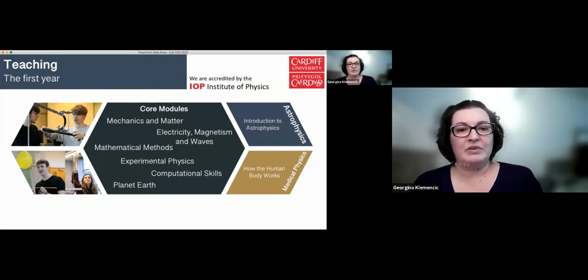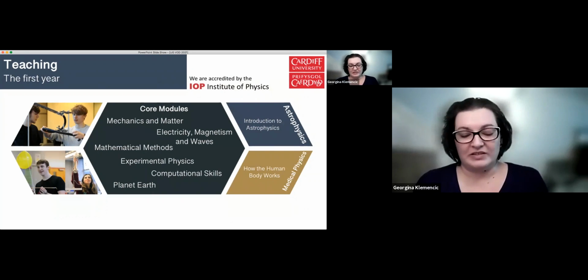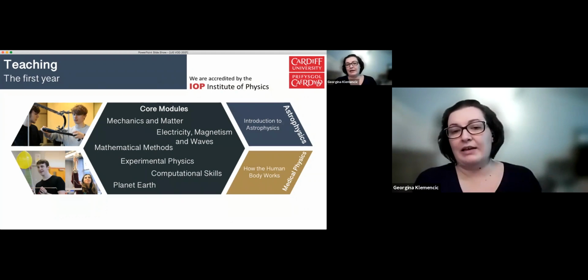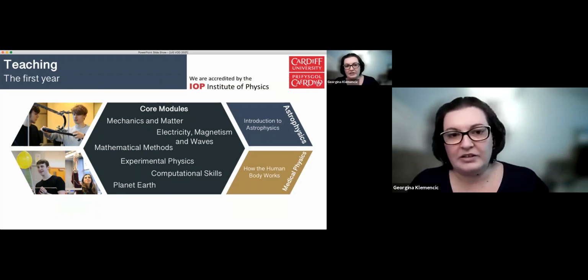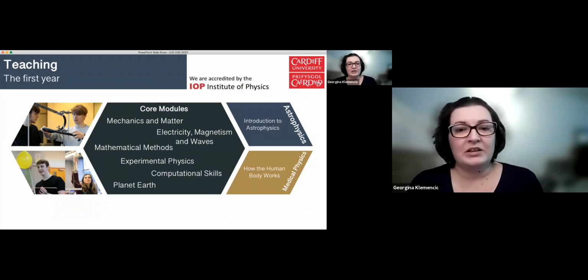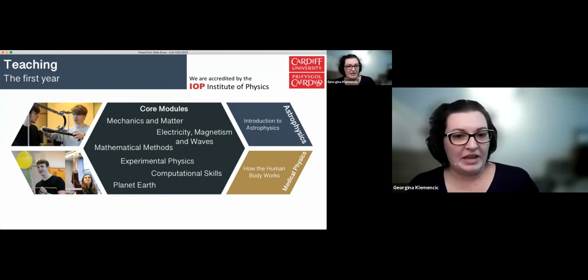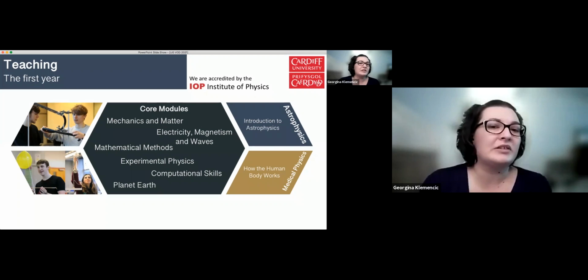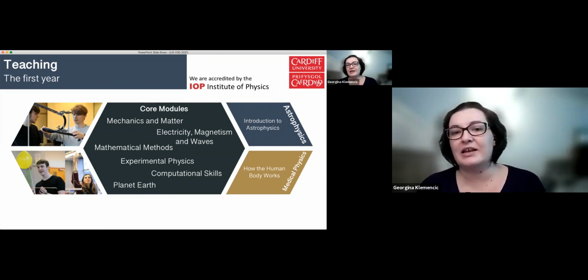Now, we group the material that we take into what we call modules. This is where we group the topics together into, say, an 11-week course. And for 11 weeks, that's what you would learn. So in the first year, you have relatively little choice. But everyone takes what are called core modules, which include things like mechanics and matter, electricity and magnetism.